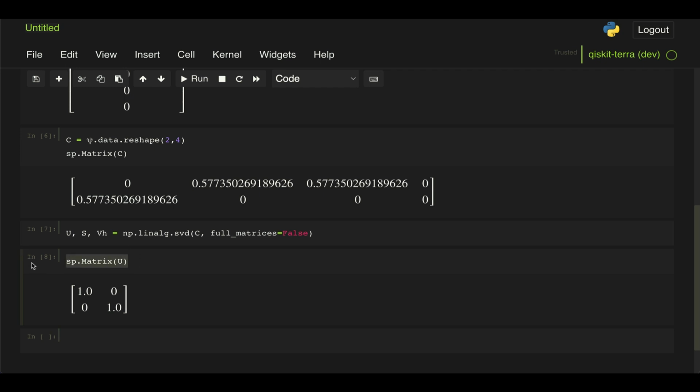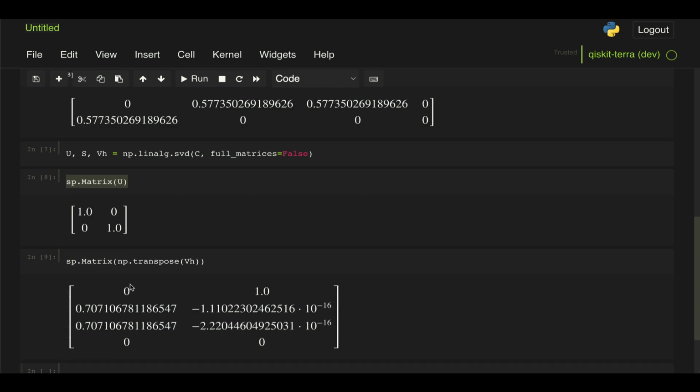Now let's display our matrix VH, but if we want to display our matrix V, what we need to do is take the transpose. So I'm going to do numpy transpose of VH, and we're going to display that. And here the first column has a 1 over root 2 for state 0, 1 and a 1 over root 2 for state 1, 0.